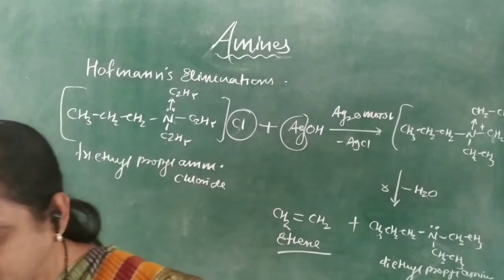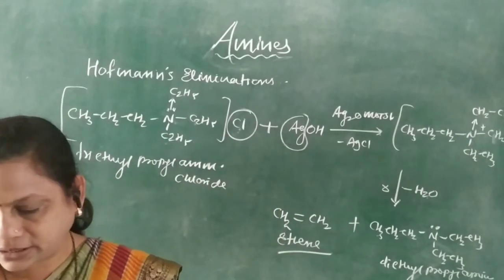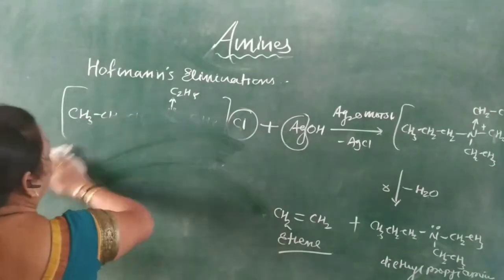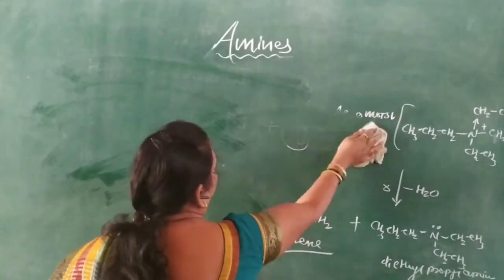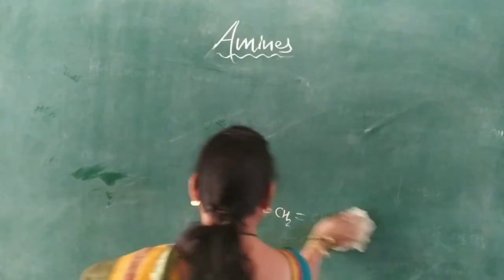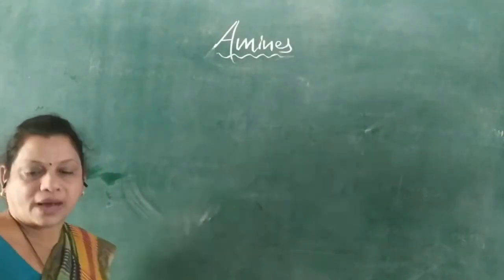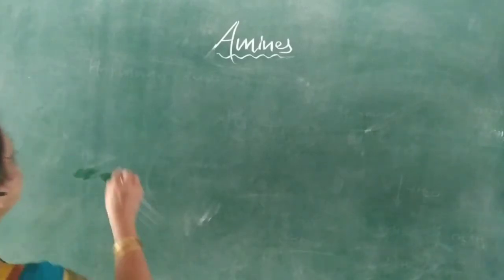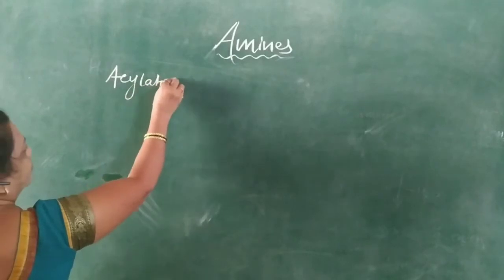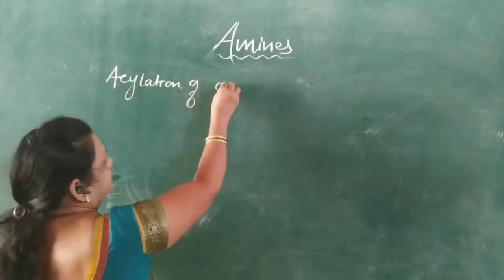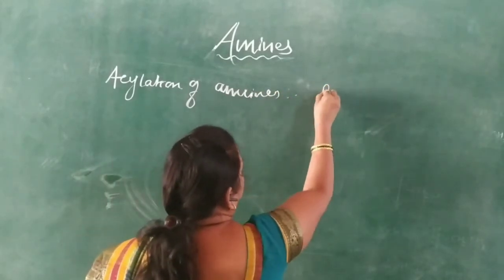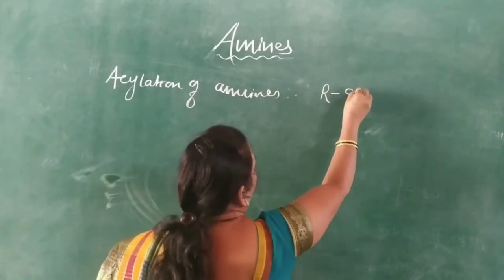Okay, next after Hofmann's elimination reaction is acylation of amines. So what is meant by acylation? Acylation means addition or introduction of an acyl group. The acyl group is the RC double bond O group.